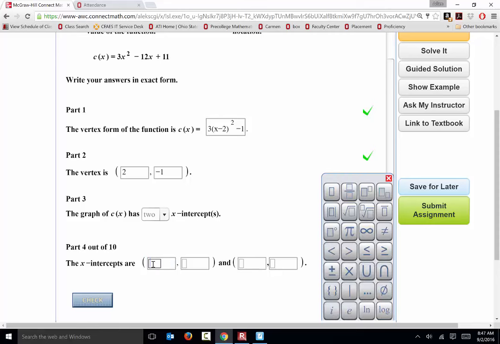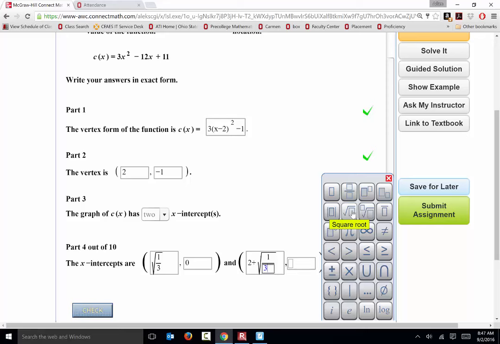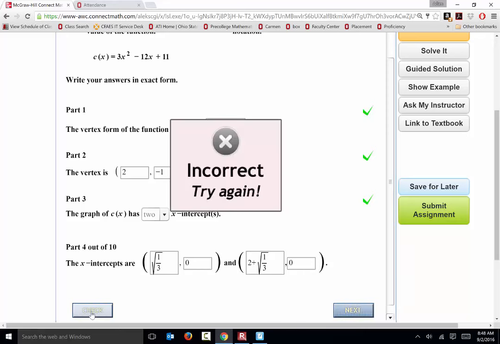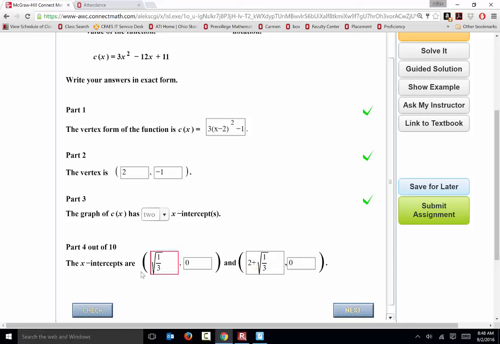The x-intercepts were 2 plus square root of 1 over 3, and what was the other one? 2 minus another one. Yeah, I forgot to. Yeah.